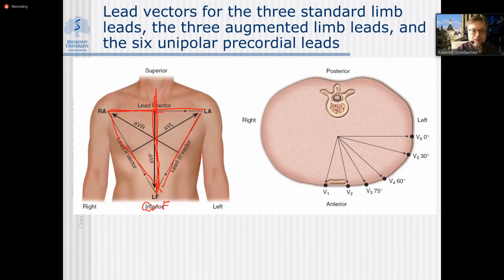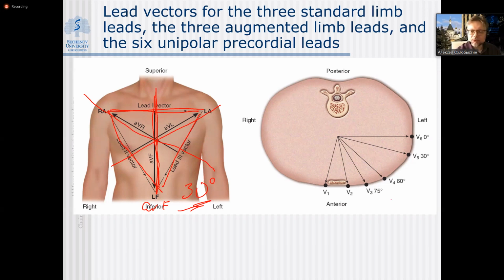This angle will be divided by the AVL lead, this by the AVR lead. Therefore, the relative step between the set of classical and augmented leads will be 30 degrees. That is for the front plane.